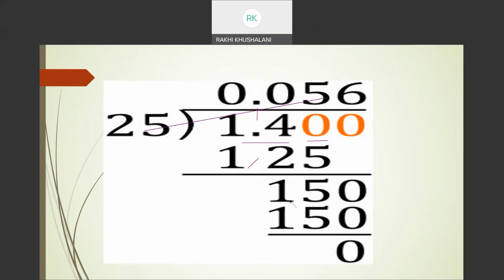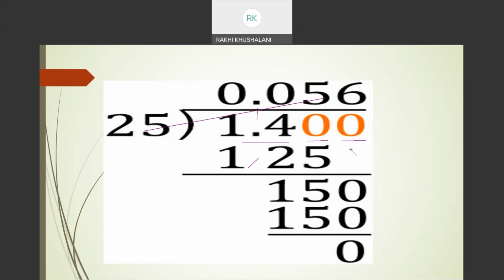So you cannot say like that my divisor was 25, my dividend was 14, and now I'm left with a remainder 15. No, children. You have to complete your division until you get the remainder as 0. In decimal, that is absolutely compulsory. So I take the liberty of adding one more 0.